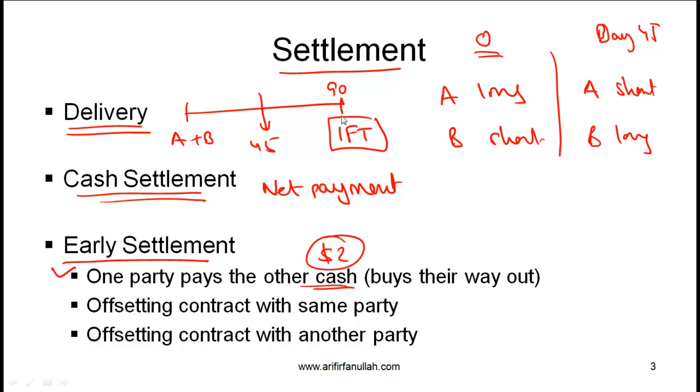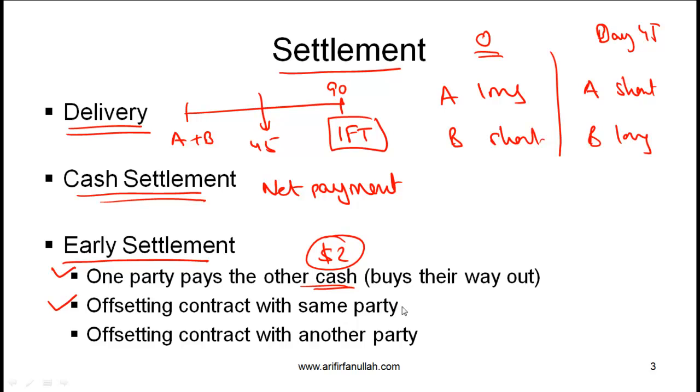All transactions are supposed to be settled over here. Now there might be a certain cash exchange that takes place between A and B in order to get into this offsetting contract, but again, how that cash amount is determined is outside our current scope. All you really need to know is one way of early settlement is for both parties to get into an offsetting contract.